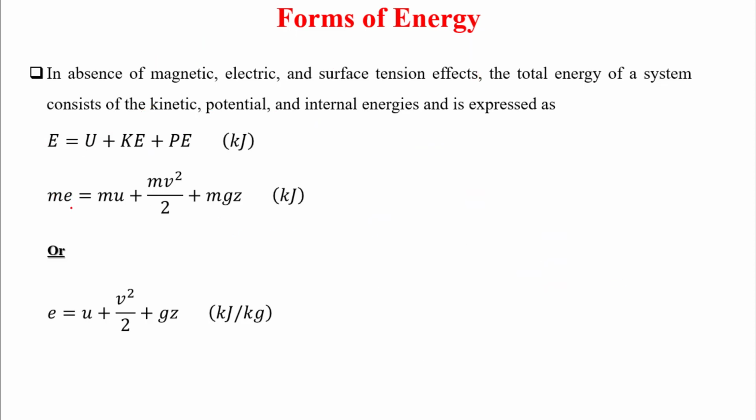Now, if we wish to write them in lowercase, such as here, lowercase e, lowercase u, here v squared over 2, g, z, the unit will be joule per kilogram. So for example, total energy equals mass multiplied by energy.